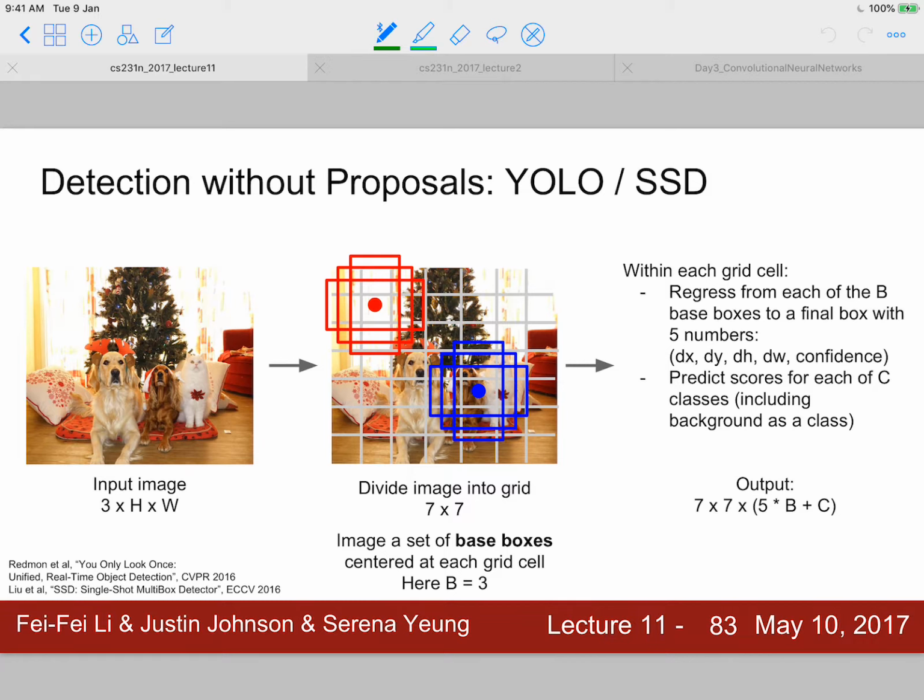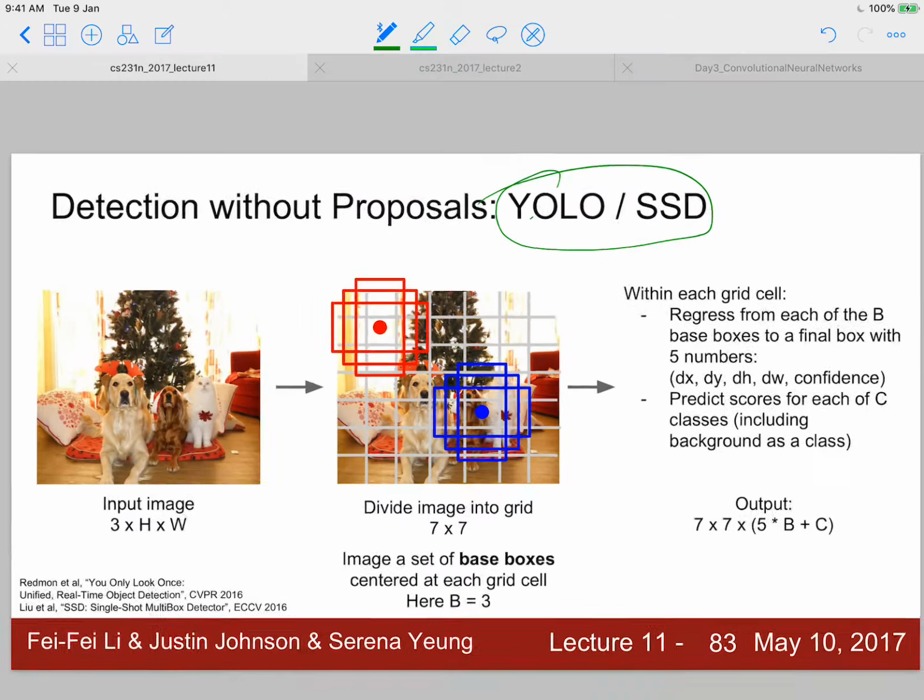And so here, what's the main difference of YOLO and SSD against faster RCNN, their precursor or predecessor? So what's the main difference of YOLO or SSD?